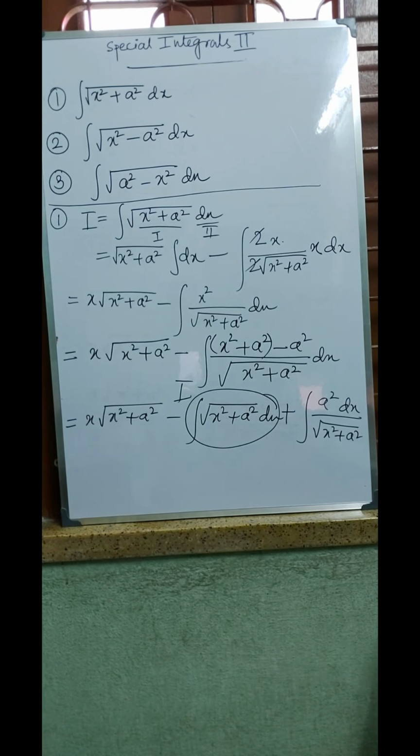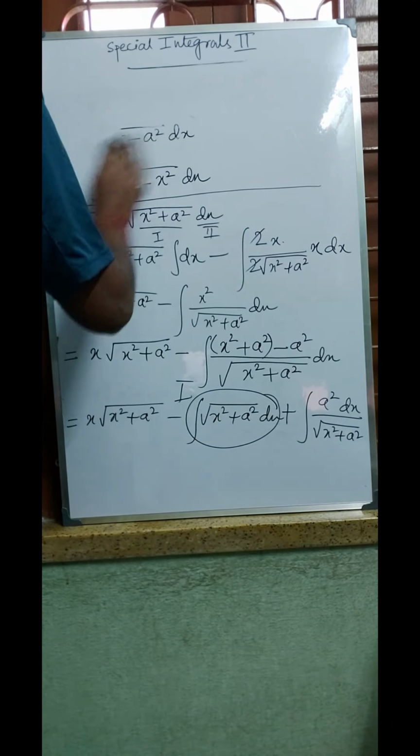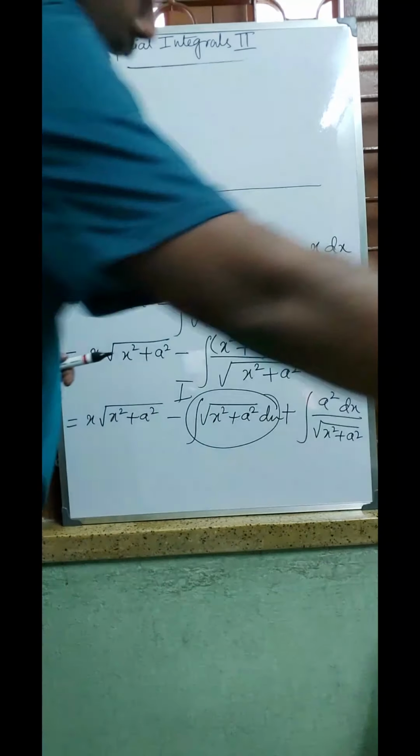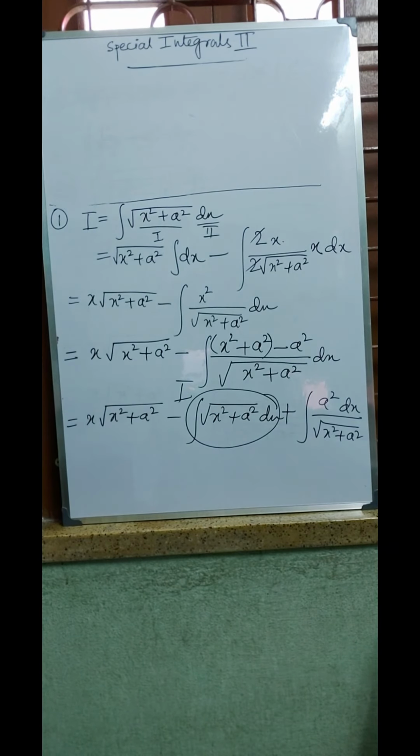Now this thing is completely your I, that is what you have started with here. So therefore what I can do, I can take this on the other side and make it 2I.